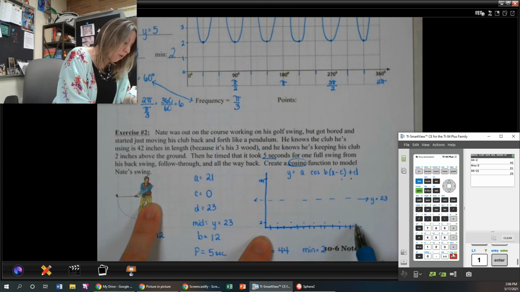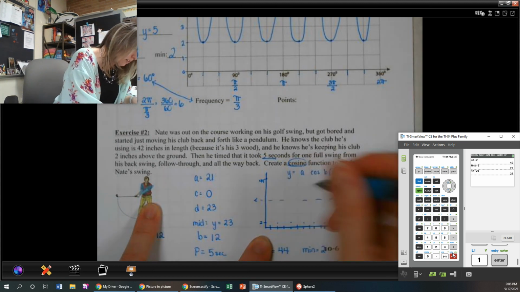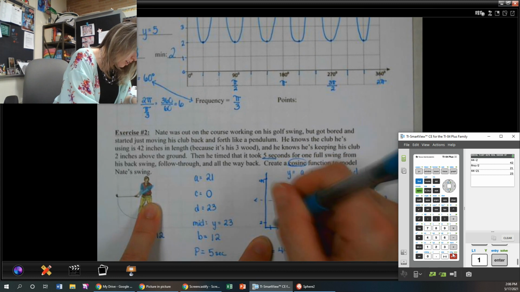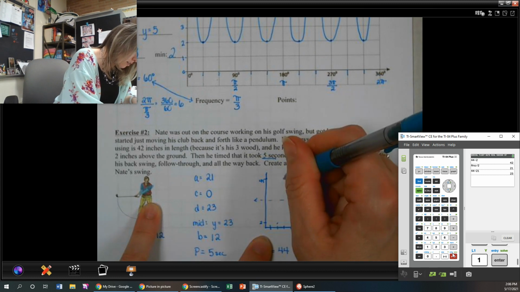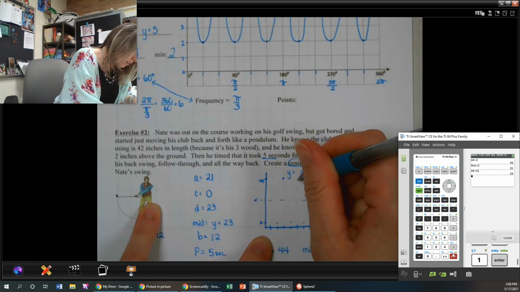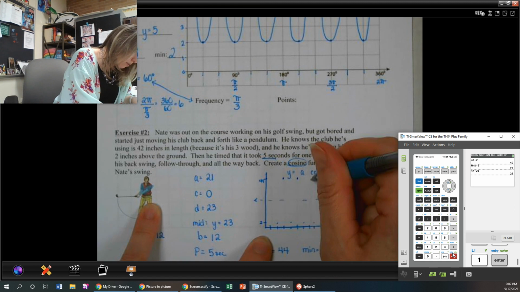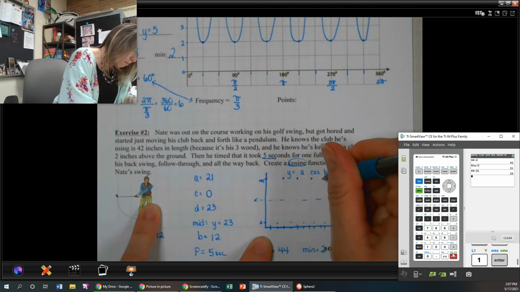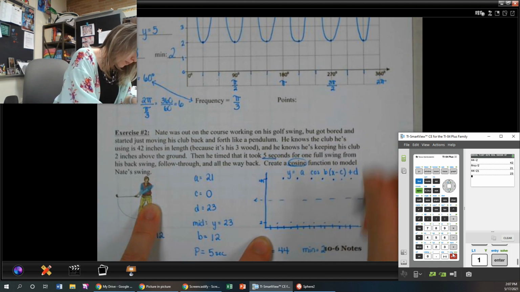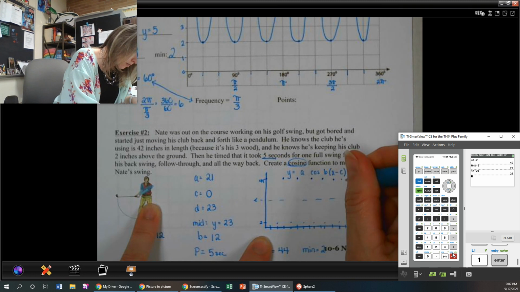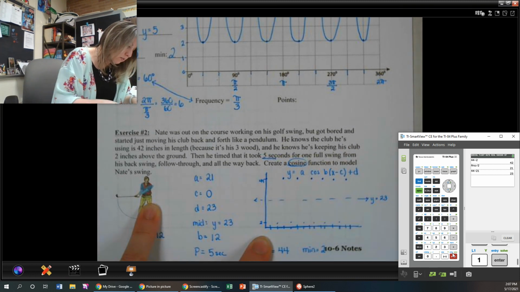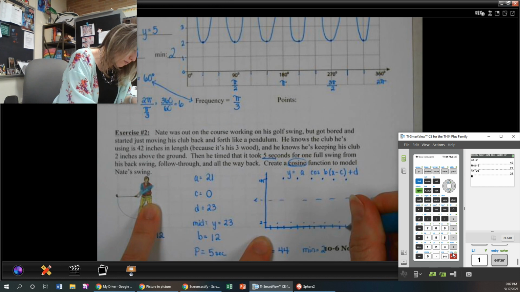Okay, so there you are. And your peaks, so here to here, and then to here, and then there we go. Back up. That shouldn't be there. Down, up.